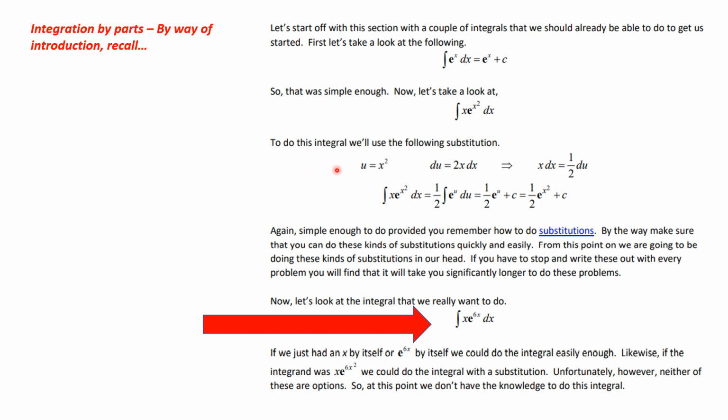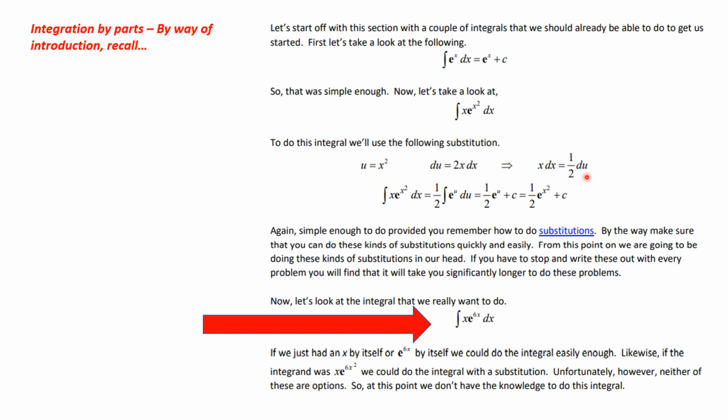Well, to do this integral, we would make a substitution. We'd let u equal x squared, then du is 2x dx. If we solve for dx, we get dx is equal to du over 2x.